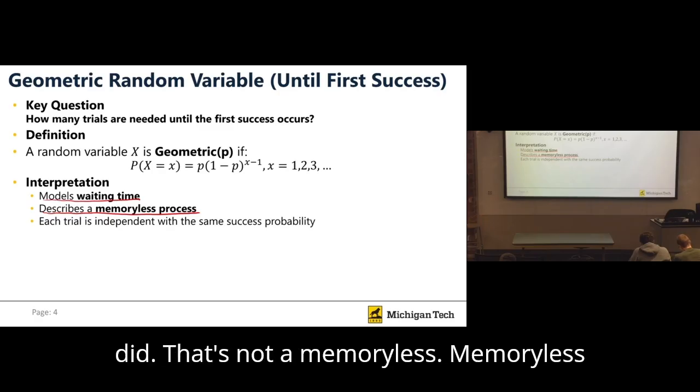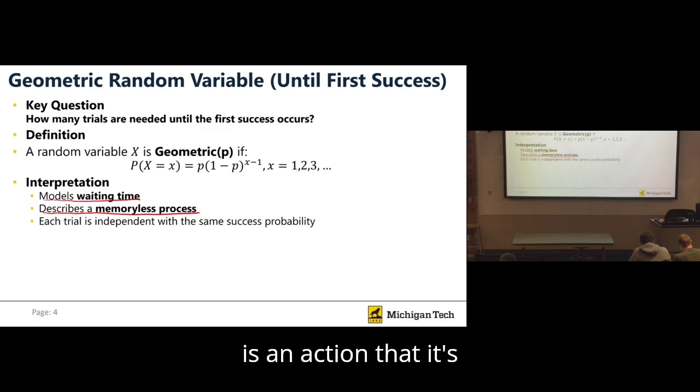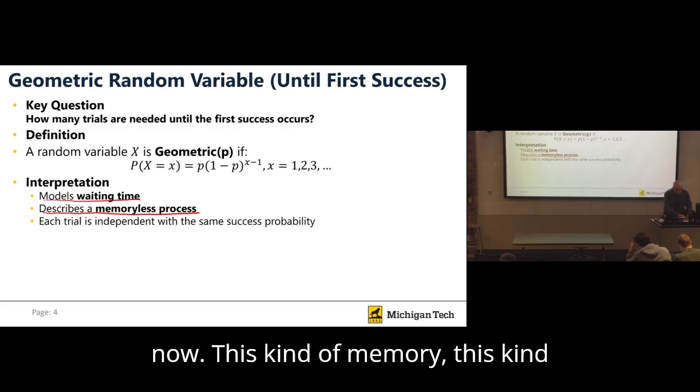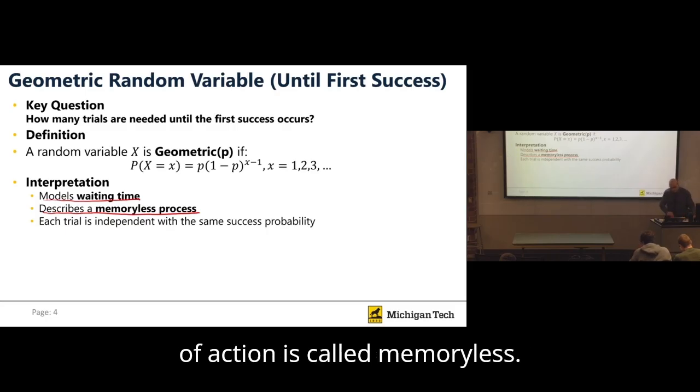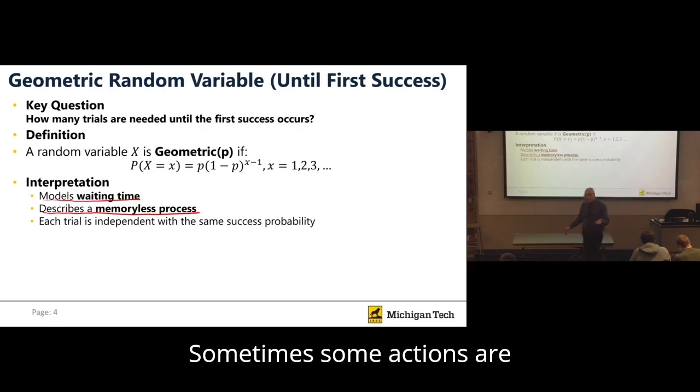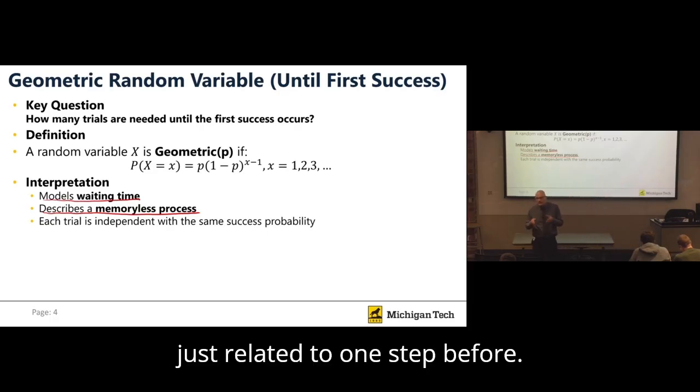That's not memoryless. Memoryless is an action that is not related to before. The probability of success is just related to right now. This kind of action is called memoryless.